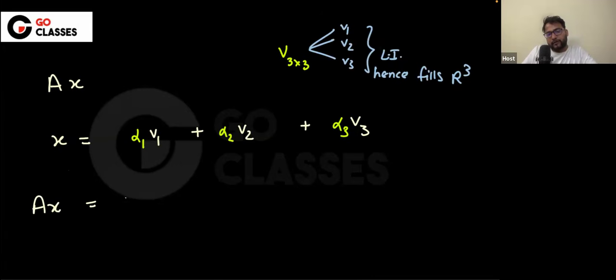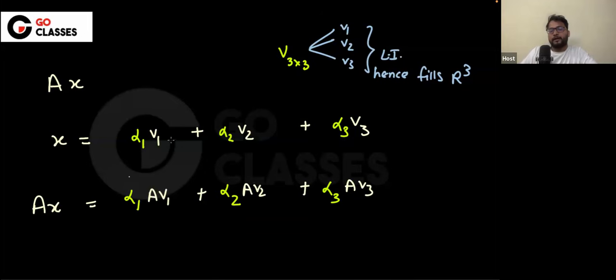Here, alpha 1 I'm writing like this, and then there's Av1, plus alpha 2, and then this is Av2, plus alpha 3, and then this is Av3. Basically, alpha 1, alpha 2, alpha 3 are the scalars. So I can write it here or here, doesn't matter, right?